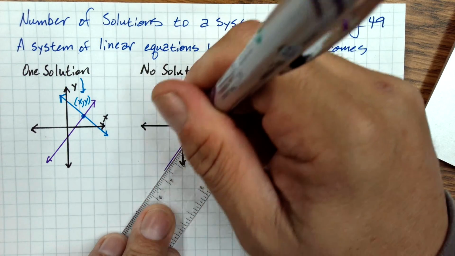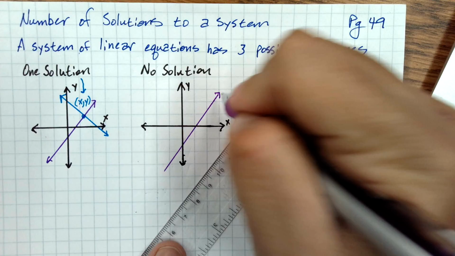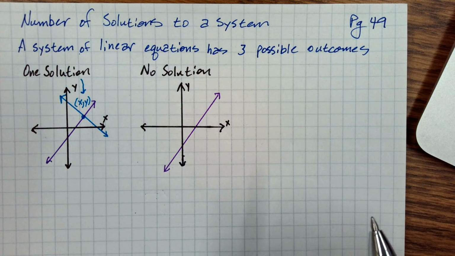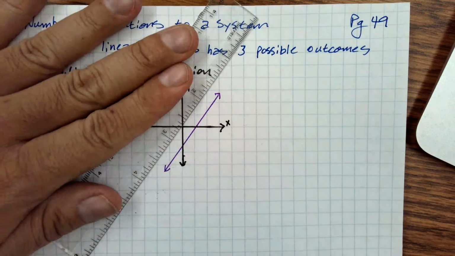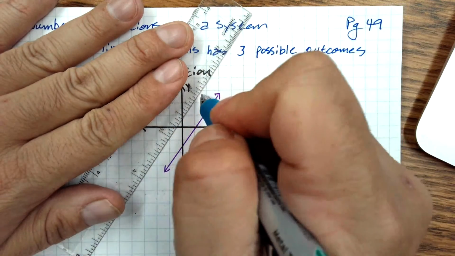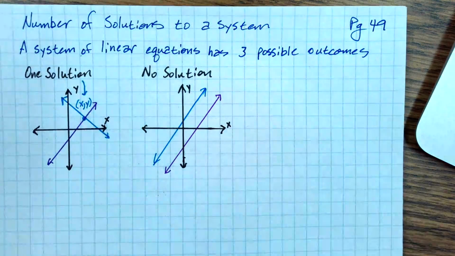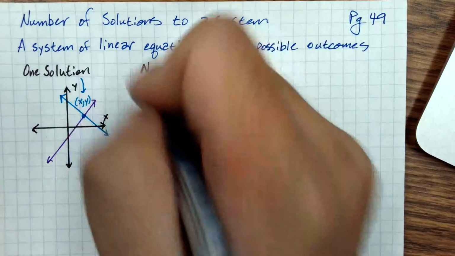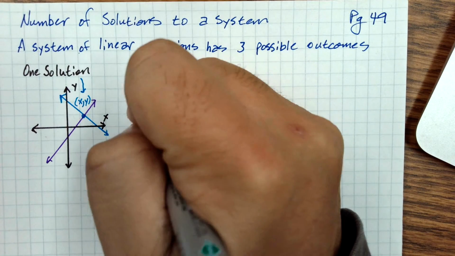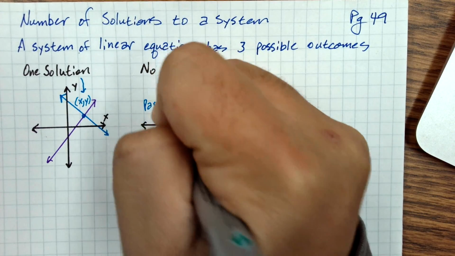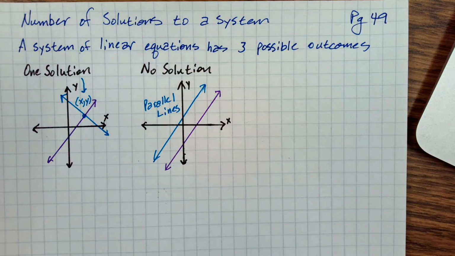Because wherever they touch, they have a solution. So in order for there to be no solution, the two lines can never touch, which means that the two lines are parallel. So no solution means you have parallel lines, because they never touch.